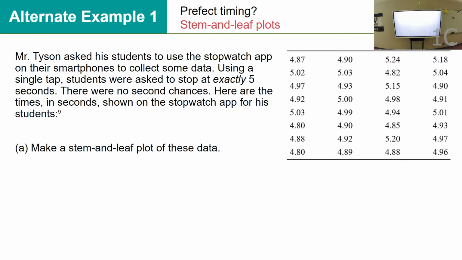Good enough with all that? If I'm going to make a stem and leaf plot of that, they're going to look at, what's the smallest time up there? 4.8? There's not a 4.7, is there? Is there a 5.1?